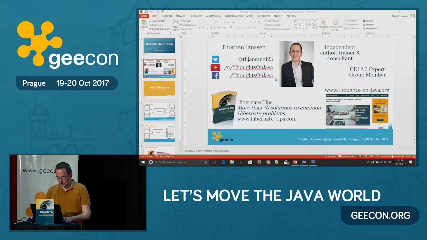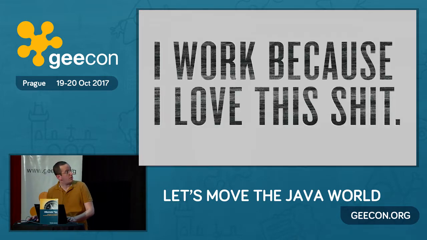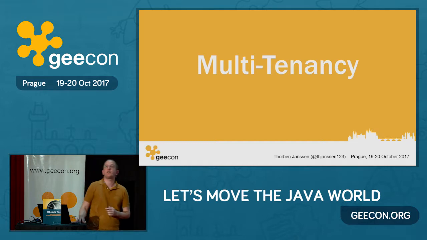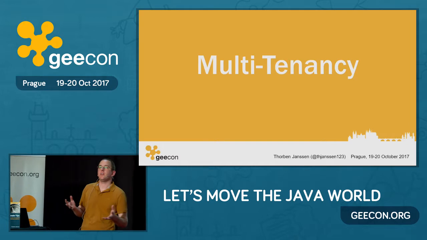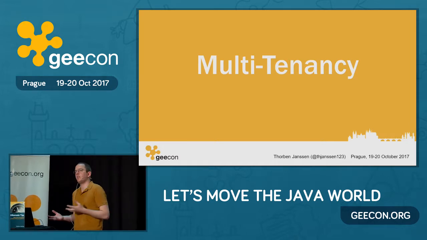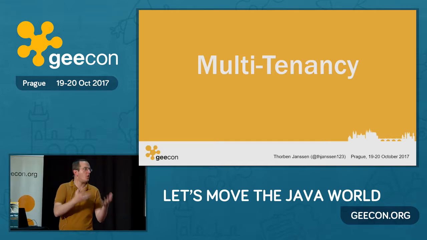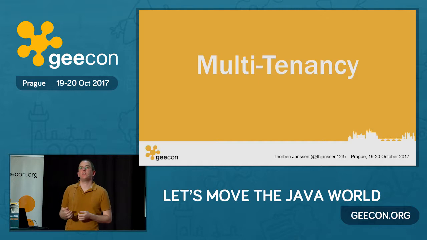Okay, now we come to the only example for which I need a few slides. Who uses multi-tenancy? Okay, just a few. The general idea of multi-tenancy is that you set up one application that serves multiple independent customers.